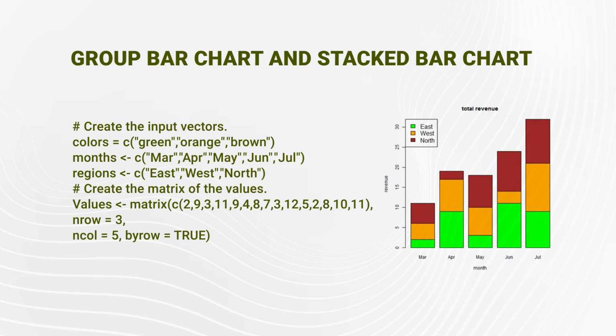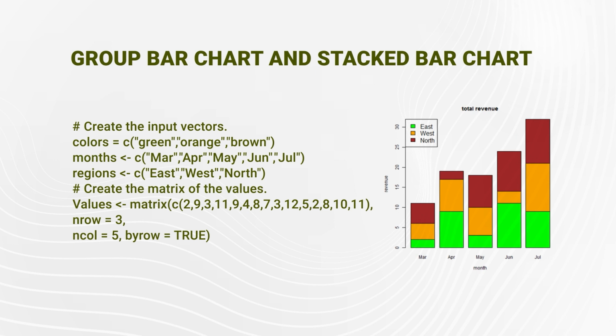What is happening here is that you create a matrix of the values. You can consider these as vectors, with a number of rows and columns. This is a matrix with 3 rows and 5 columns, entered row by row. So it is a 3 by 5 matrix, with a total of 15 elements. 3 by 5 is 15.